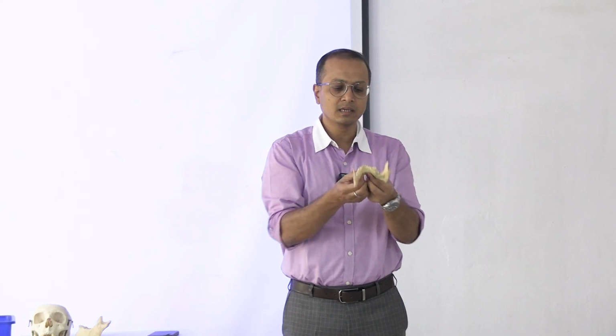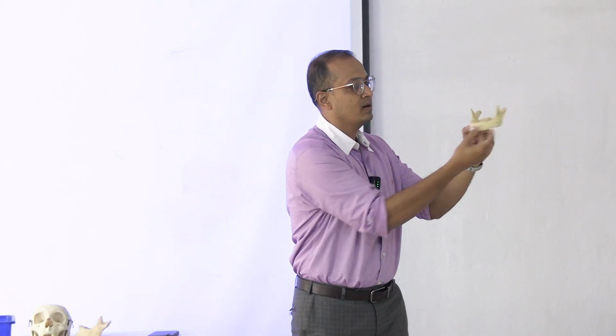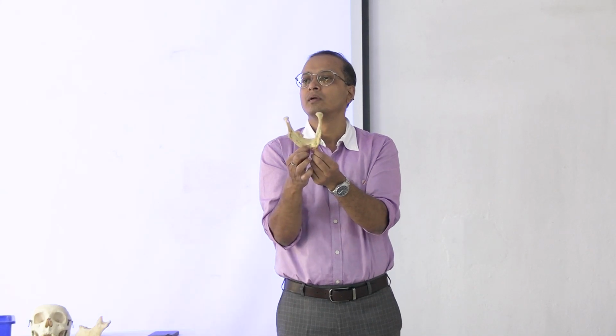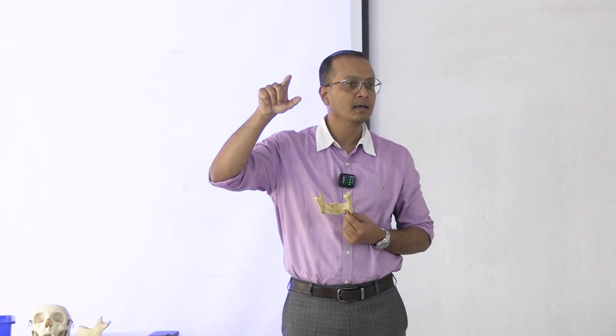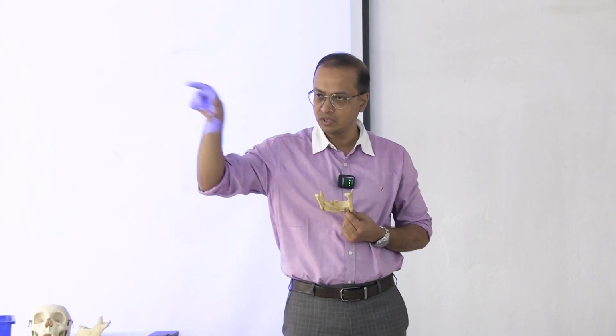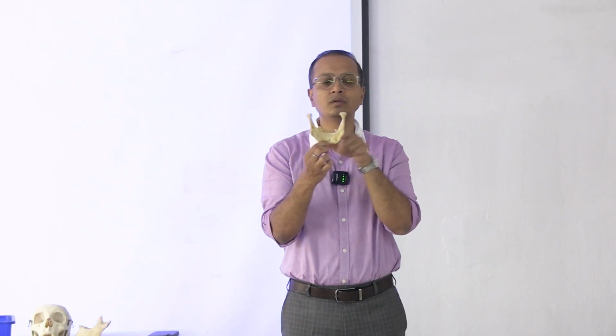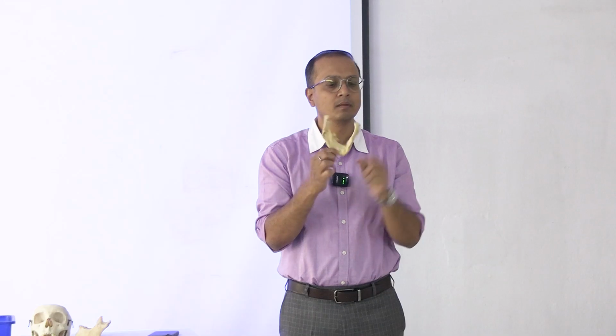And in the midline, just where you see the symphysis menti, there is a depression. We call it the digastric groove, where a muscle called the digastric is attached, D-I-gastric, like the stomach, gastric. So the digastric groove and the mylohyoid line are the two things to include related to the inner part of this mandible.